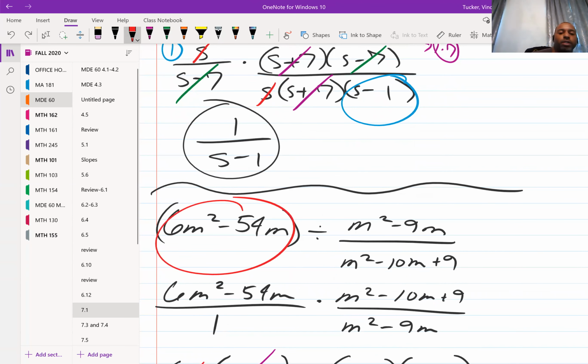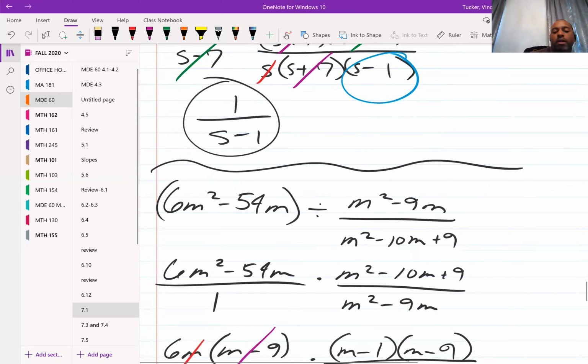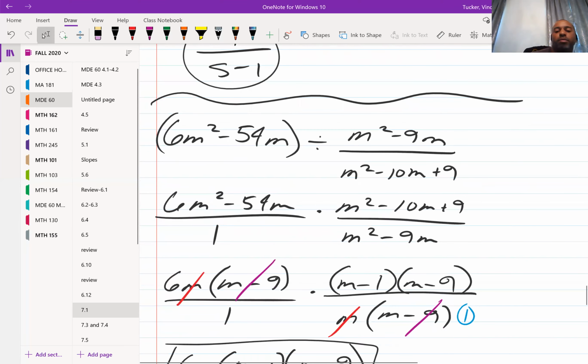I wrote this as a fraction by putting 1 in the denominator. Then change division to multiplication and flip this fraction. From there, factor out as much as possible.